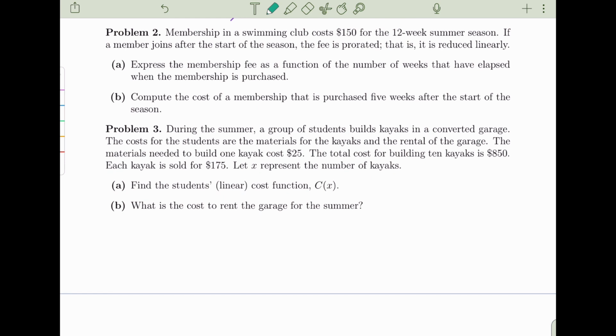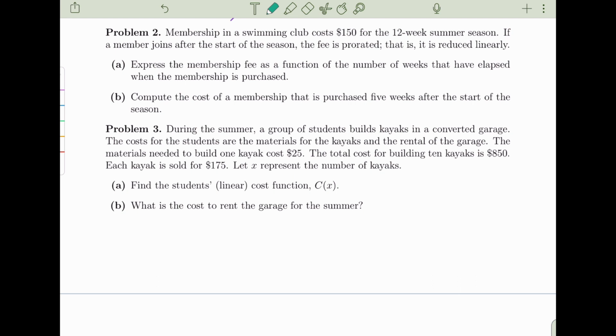Now let's take a look at problem 2. Problem 2, we have this kind of swimming club, and membership is available for sale, right? And also we're gonna find out the price of the membership, and the weeks after the starting of the summer, when we join the club.